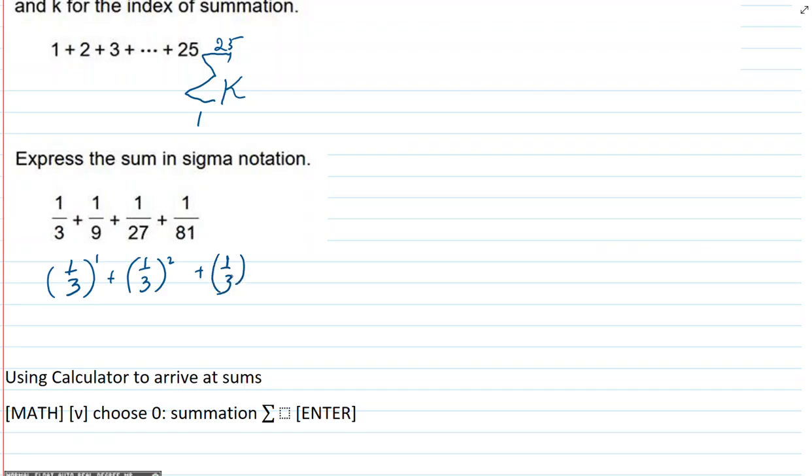So we understand that we have a constant with an exponent, right? And the exponent is what changes, which is our what variable? K. Is that okay?